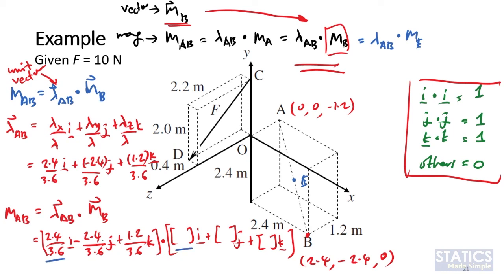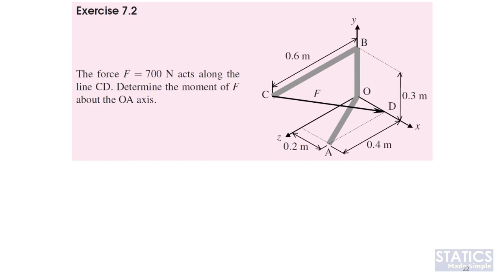Value along J, take this part, multiply with this part. Value along K, take this part, multiply with this part. And just sum them up together to get the magnitude of MAB. Clear? Alright? If you are clear, you are ready to solve any problem in 3D.